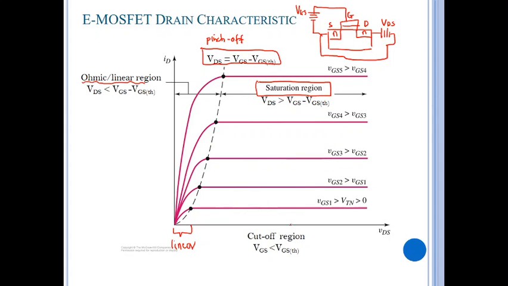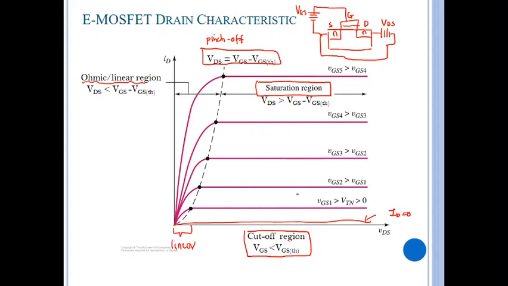Okay, there is another region, we call it the cut-off region. The cut-off region is where there is no current flow. So when ID is 0, this is called the cut-off region. The cut-off region occurs when the gate voltage is lower than the threshold voltage.